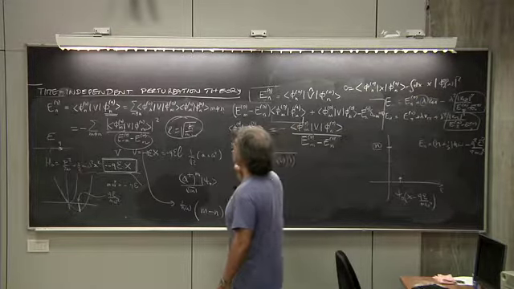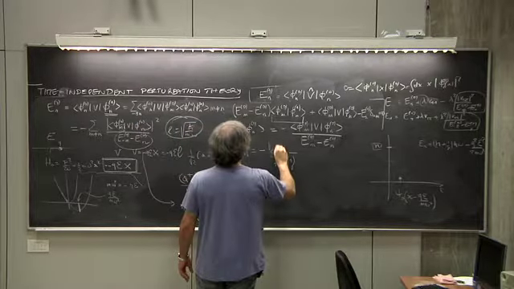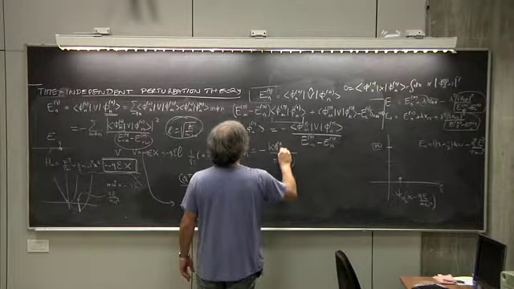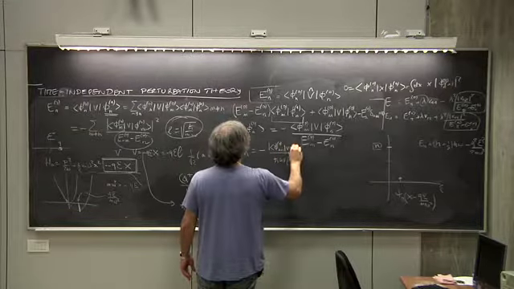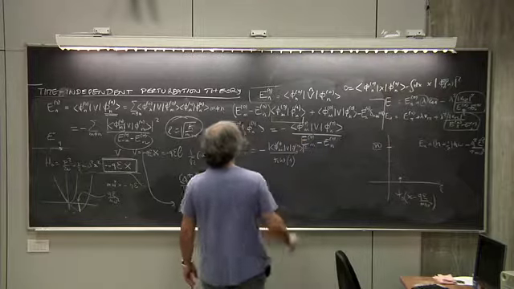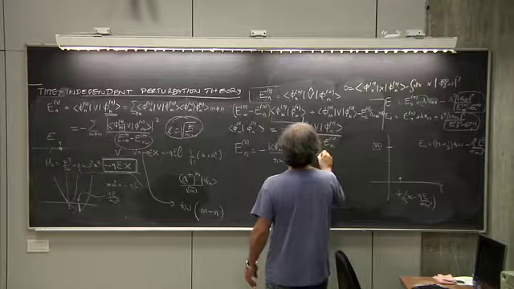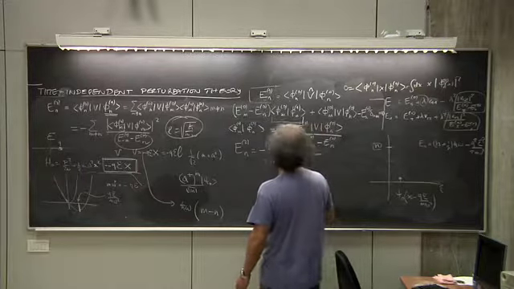The numerator is the square modulus, let me first write it: |⟨φ_{n+1}|V|φ_n⟩|². Okay? And then in general I have also another term, this minus.